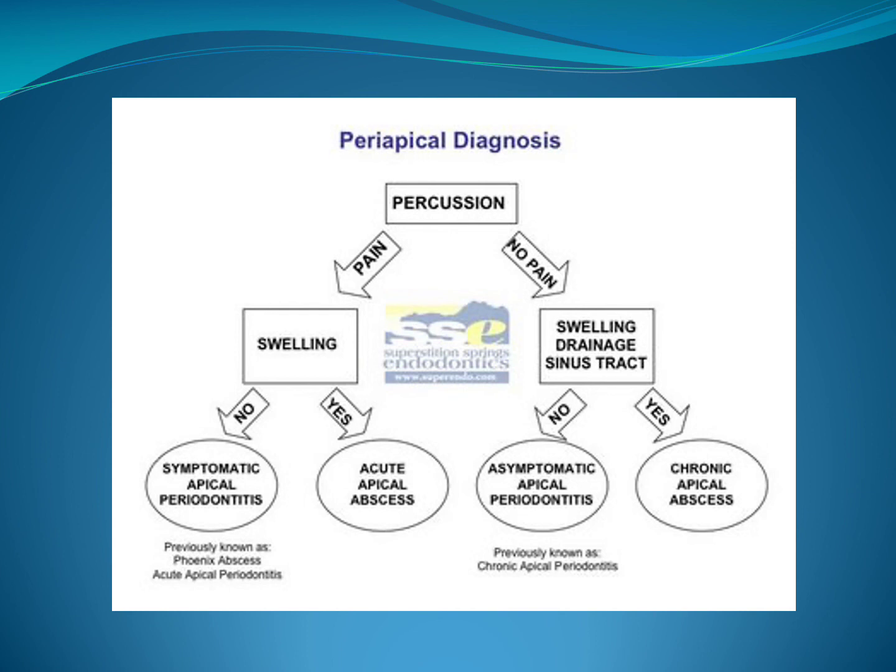If there is swelling, drainage through sinus tract, it is chronic apical abscess, or asymptomatic apical periodontitis if there is no sinus tract. Okay, so we have to differentiate when we see a sinus, so normally there will not be any pain.